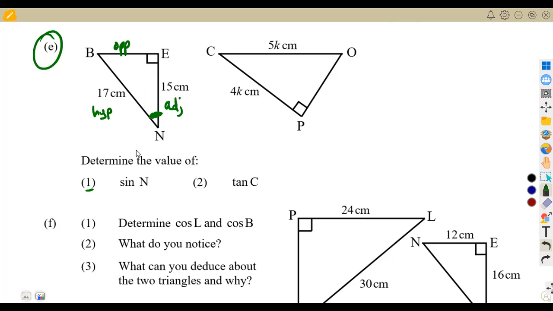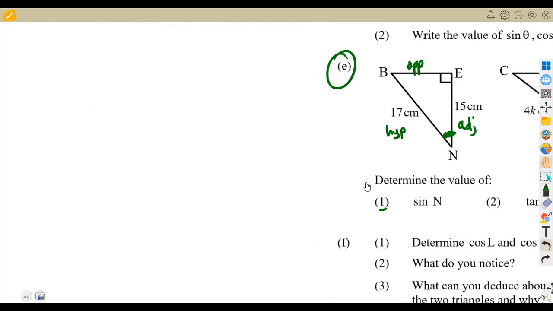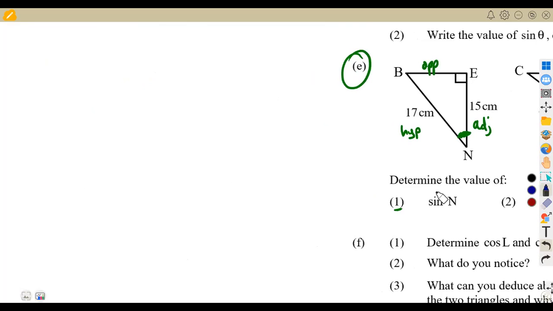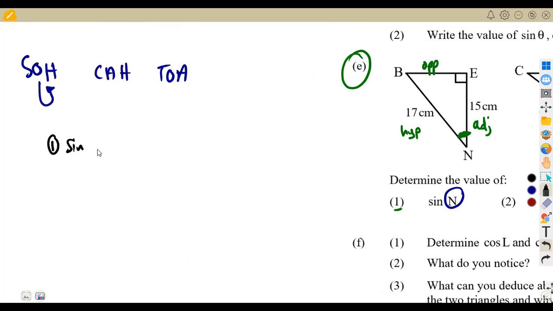So in order for us to have the value for the sine of n, because of this part of your SOHCAHTOA, it means we need the opposite over the hypotenuse. So the sine of n is the opposite over the hypotenuse in this case.